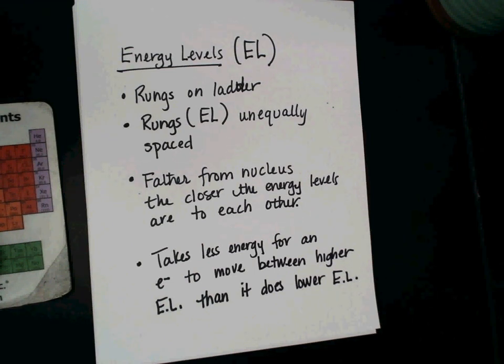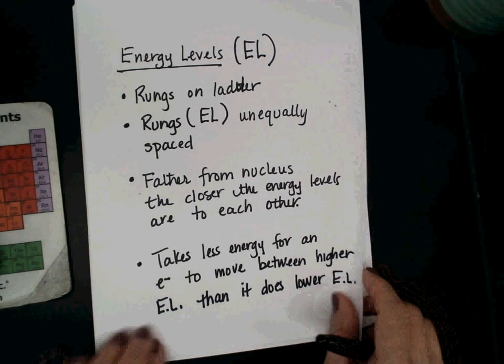So he figured all of those things out. What he didn't figure out, really, were some other things that we need to know before we can work with the atom.